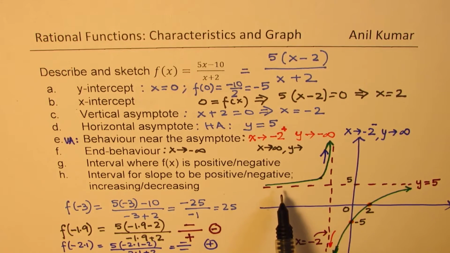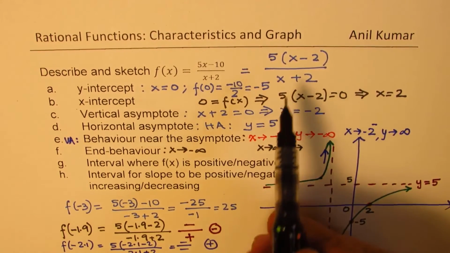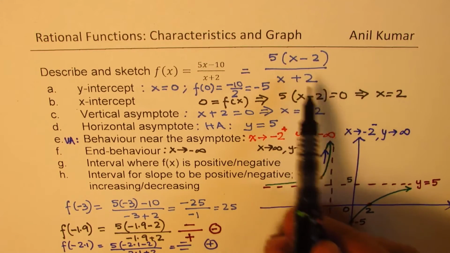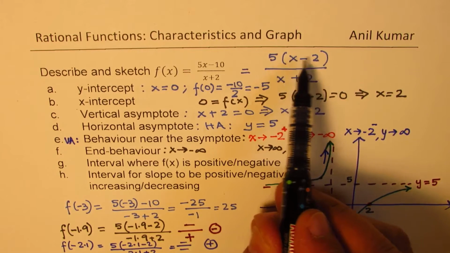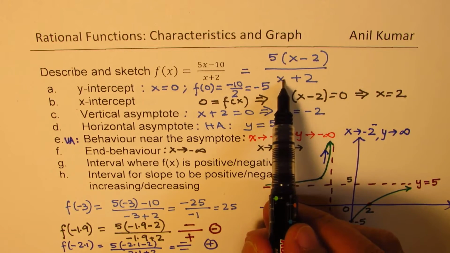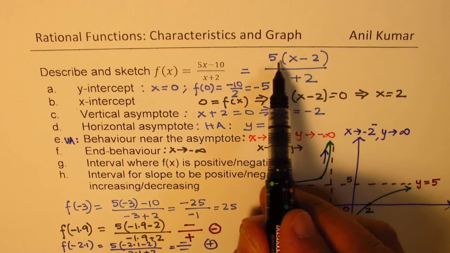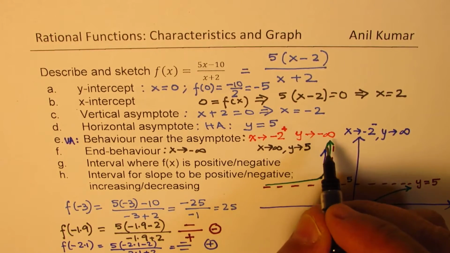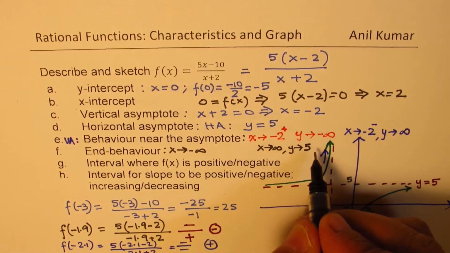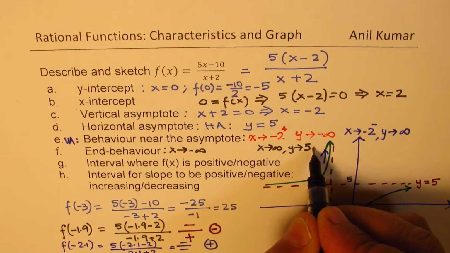If I substitute a large positive value, for example 1000, then the denominator is more than the numerator, so I get a value which is less than 5. So we are approaching 5 but from below.